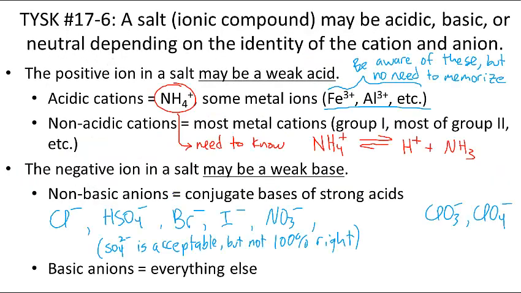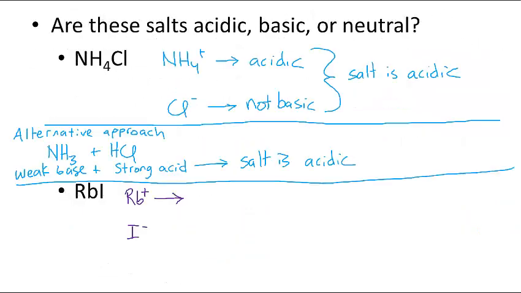Well, it's not NH4+, and it's not Fe3+ or Al3+. So no, it's not acidic. I-, is that a basic anion? Nope. So you put together something that's not acidic and something that's not basic, and you get something that's neutral.